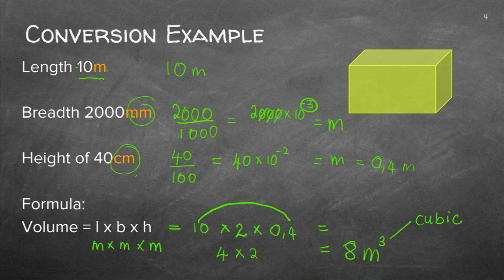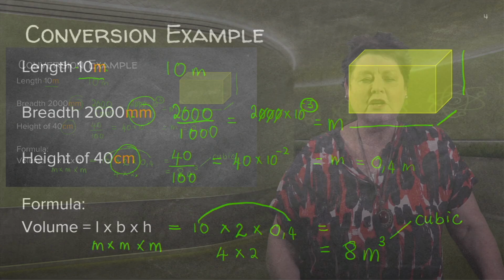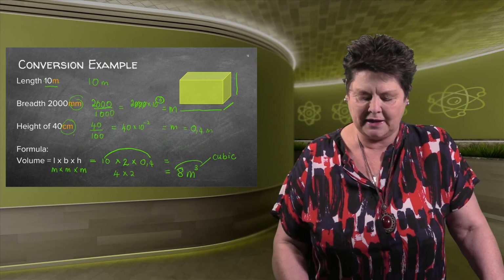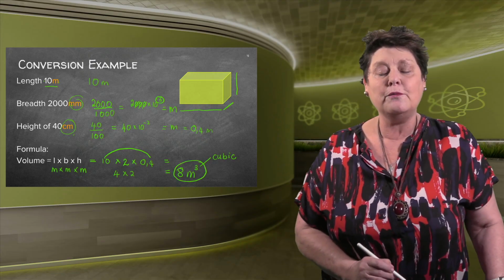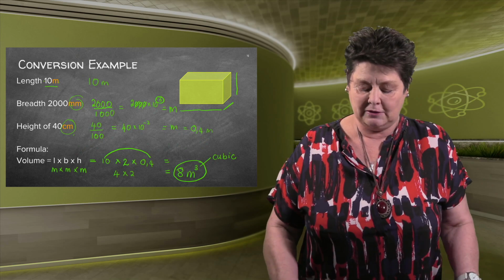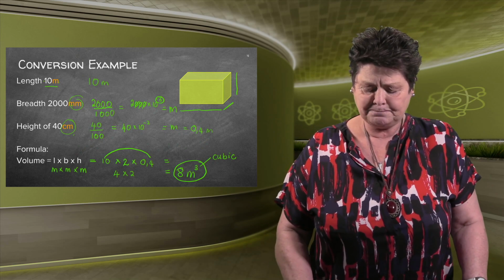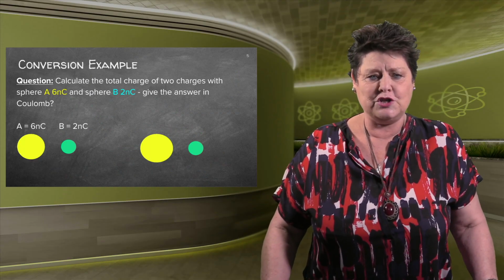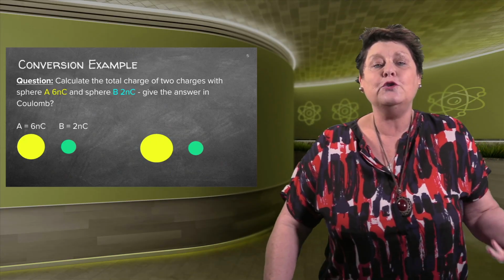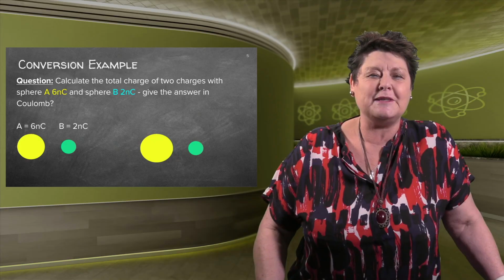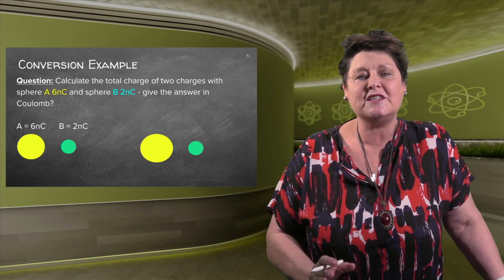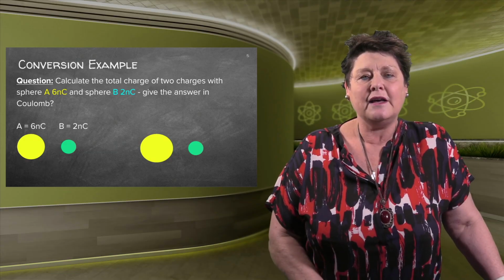You took the length, you took the breadth, and you took the height. So you took 3 different meters and you multiplied them to get the volume of that rectangle as 8 cubic meters. When we move on to more complex conversions, we're not going to do very specific conversions other than just taking them to the same unit in this lesson.